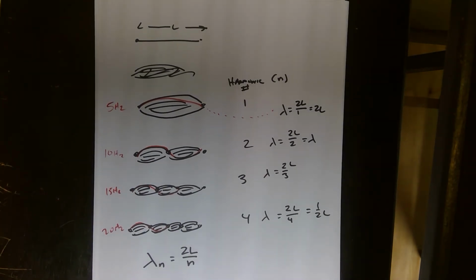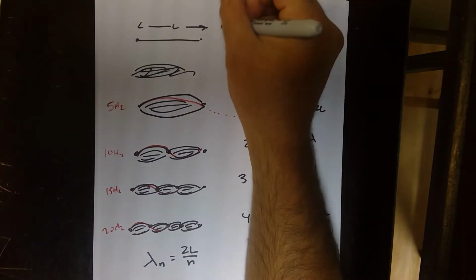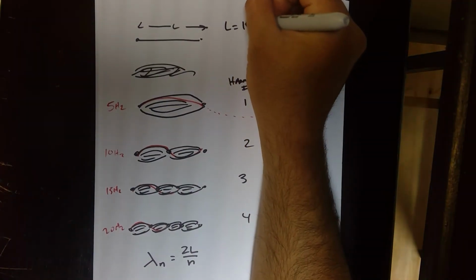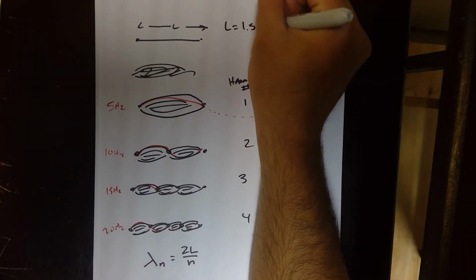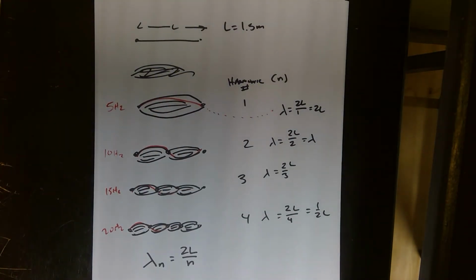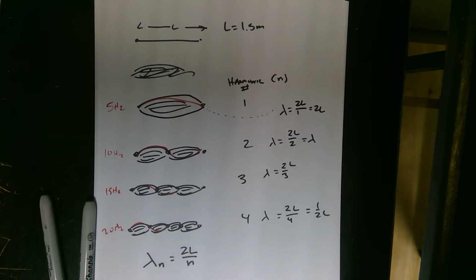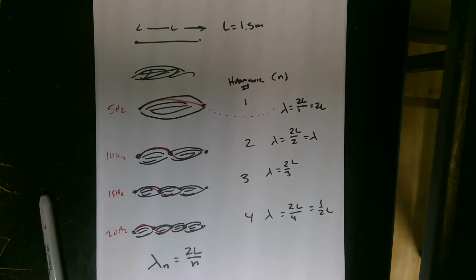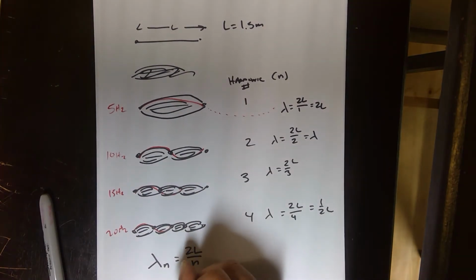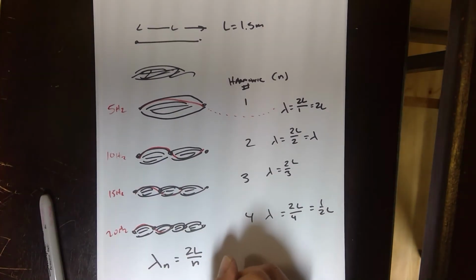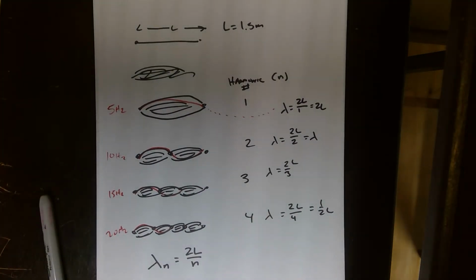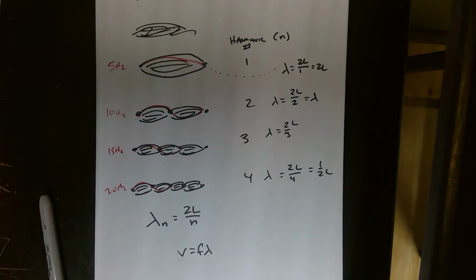Now let's just say, for the sake of argument, that this L happens to be 1.5 meters, something close to what we had in the experimental setup. If we were calculating the wave speed, this equation that we saw from last week, velocity equals frequency times wavelength, holds true for every wave.